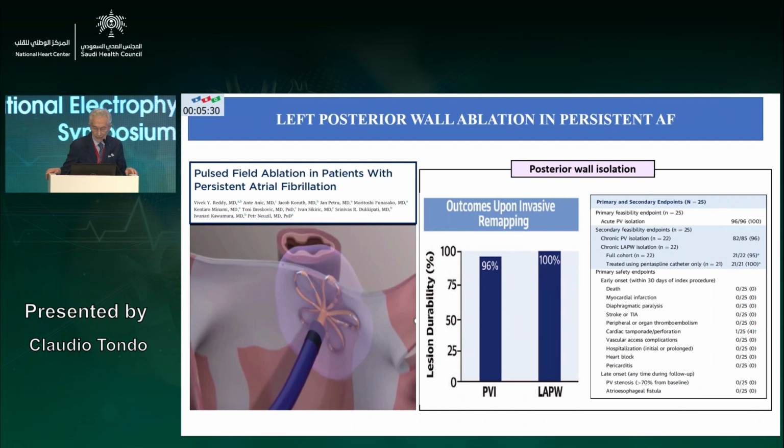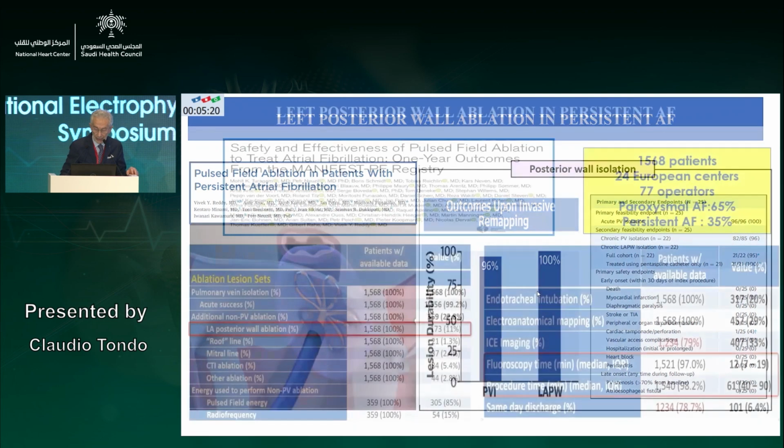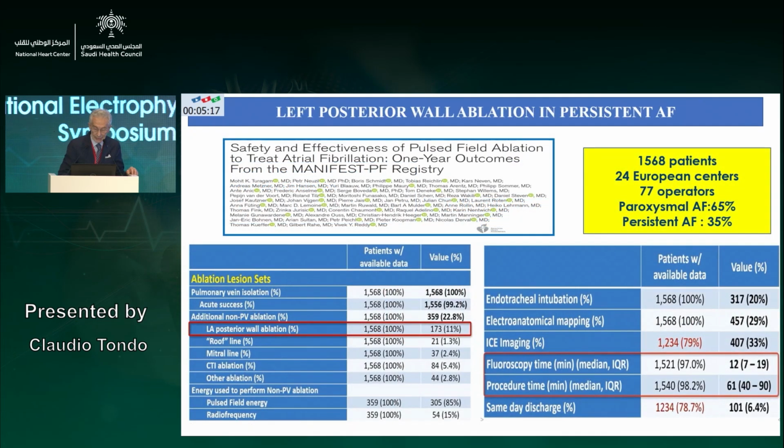Previous studies have already shown that lesion durability is very high, not only for PVs but also for the posterior wall, as shown in the MANIFEST PFA registry with a quite high rate of isolation.